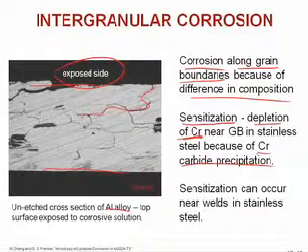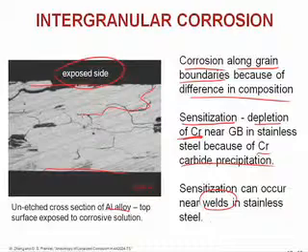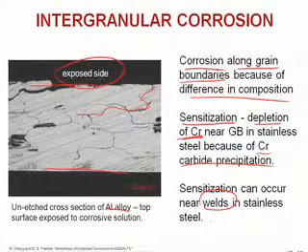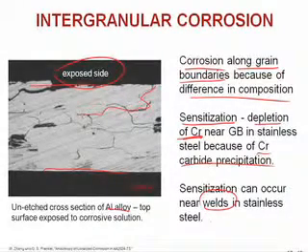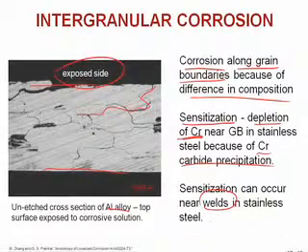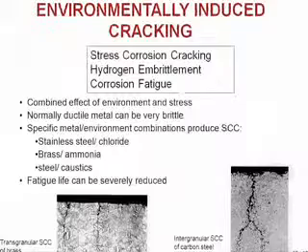And this can happen during welding. Those of you who are going to become welding engineers will learn a lot about this. If you weld stainless steel, you have to take care because the area near the weld can degrade enormously at grain boundaries. What happens is the grain boundaries act like regular carbon steel, gluing together corrosion-resistant grains. An accelerated attack will happen through those grain boundaries, so you lose the structure of the material.